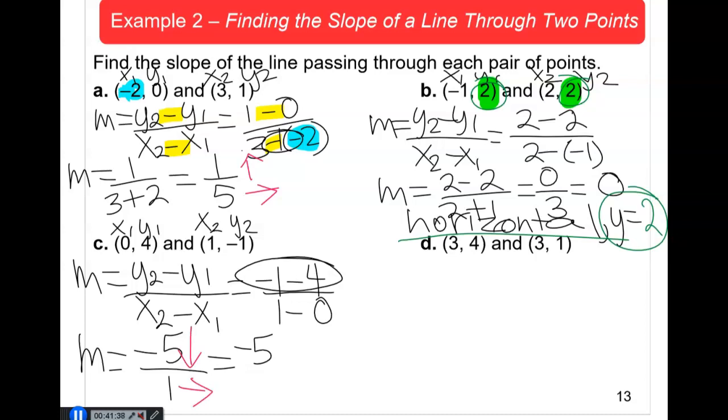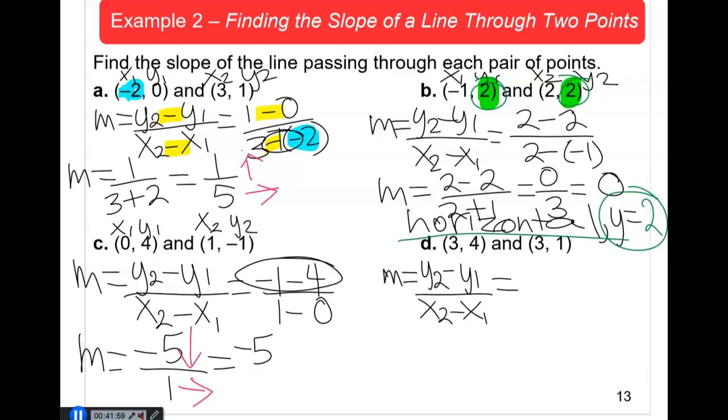Okay, and the last example from this slide is going to be, again, I'm going to write the formula. This is one of those formulas that you definitely want to remember, especially if you're going into any math, science, engineering, computer science, any of those fields.